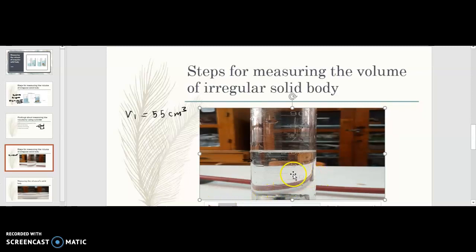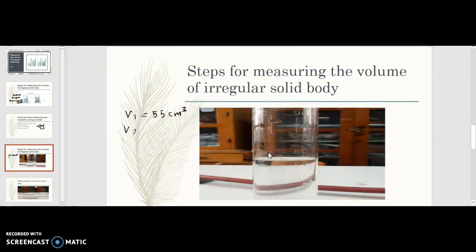You see here, this battery makes the water rise up to a level. Level of water becomes here roughly about 62 cubic centimeter. So V2 for the total volume, 62 cubic centimeter.